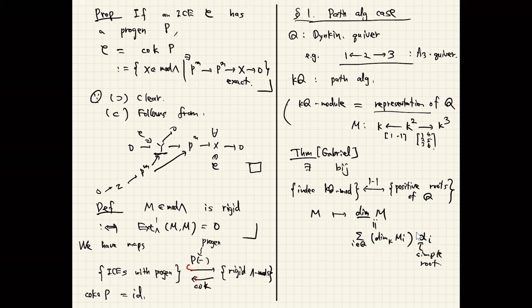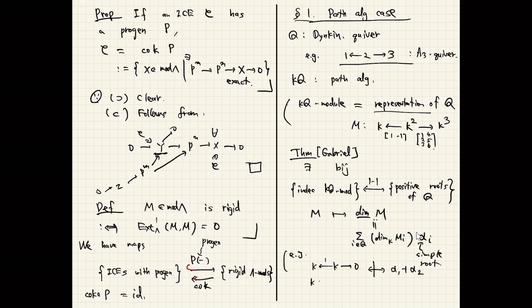For example, for this A3 quiver, we have this representation, which is indecomposable, and this corresponds to the positive root alpha 1 plus alpha 2 in the root system of type A3.